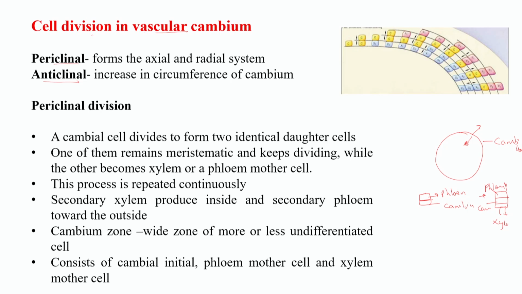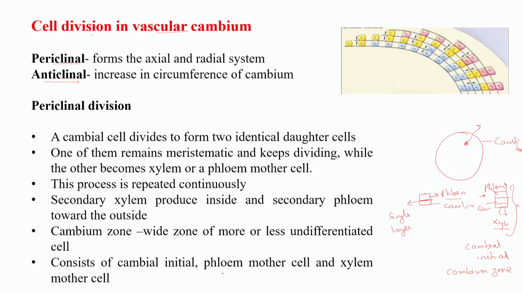Now, actually the cambium is a single layer. But in the beginning the division is fast, and the initial phloem and xylem cells which are formed are not differentiated well. So, you can see a cambium zone of undifferentiated cells, also known as cambial initials.